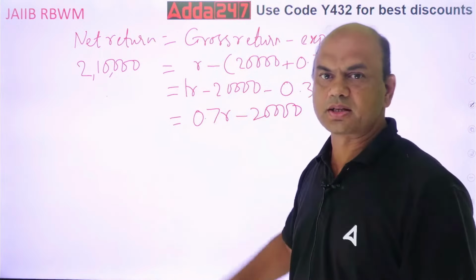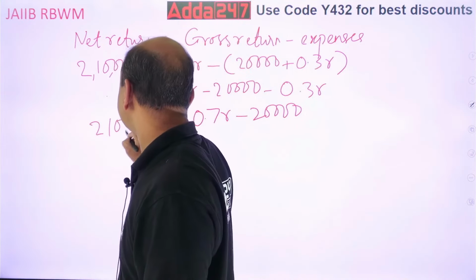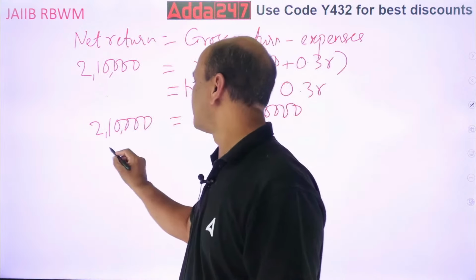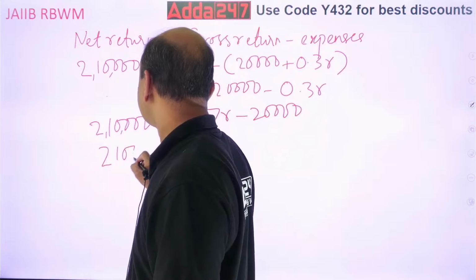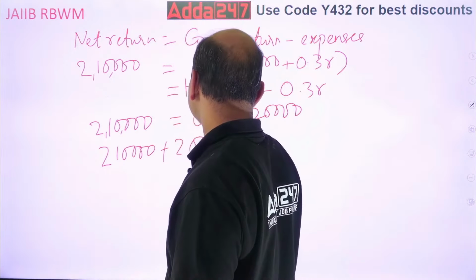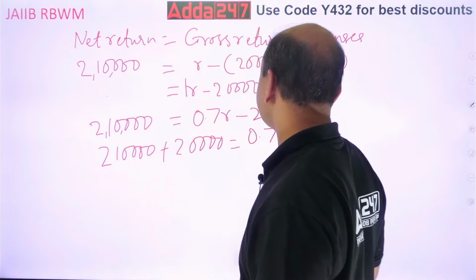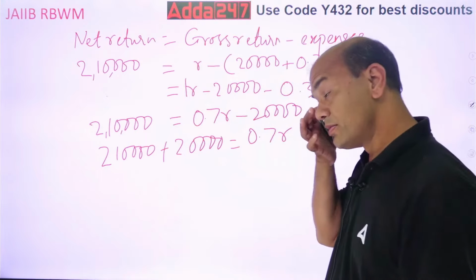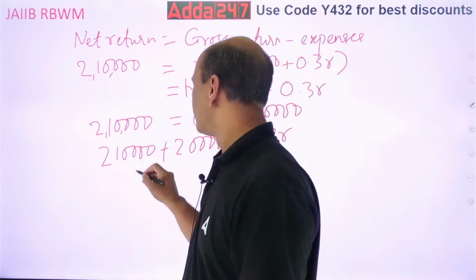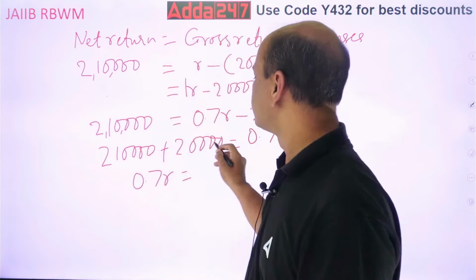Take 20,000 on the other side: 2,10,000 plus 20,000 equals 0.7 R. So I'll write it in reverse: 0.7 R equals 2,10,000 plus 20,000.